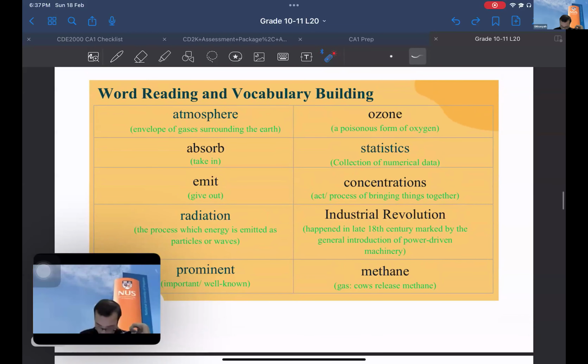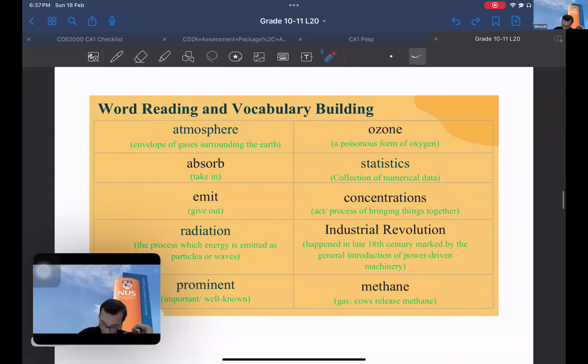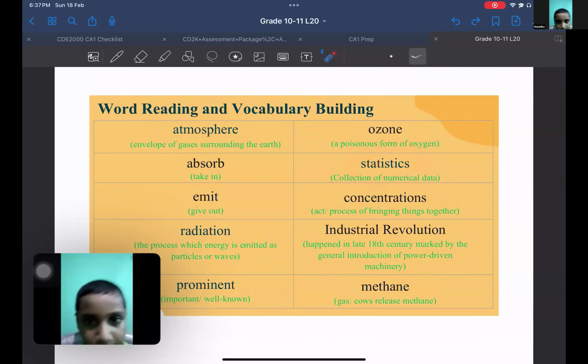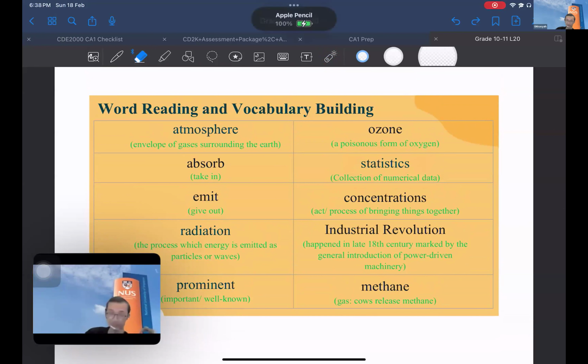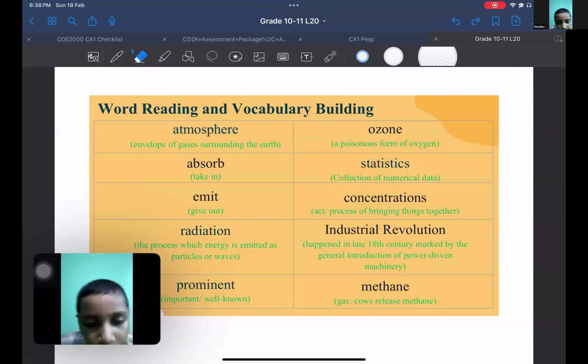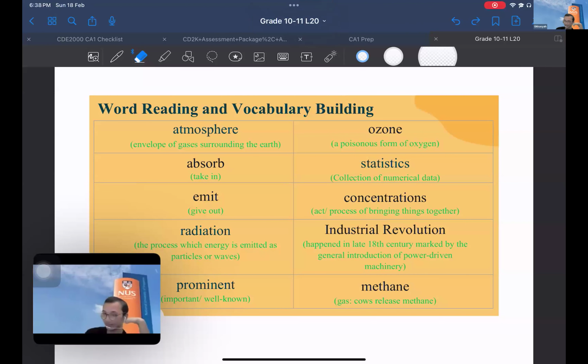Maybe we go to the next one, statistics. It's a collection of numerical data. Statistics is basically data, maybe what you can find on academic resources, on websites, in books. An example of statistics is that there are 8 billion people on this planet.